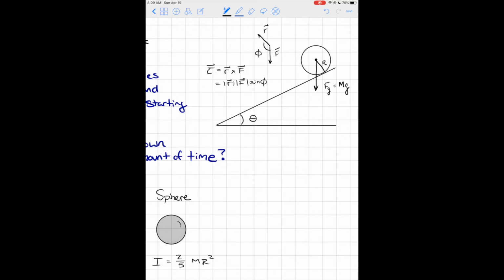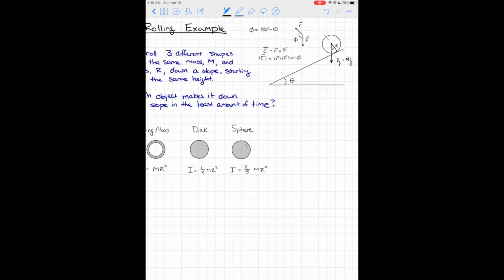And just by the by, phi ends up being 180 degrees minus theta, since this theta and this theta would be the same, and I'm extending r past this, so the extension all the way to r would be 180 minus theta. That would be my phi. So I have the same magnitude of torque for all of these. How does that help me?